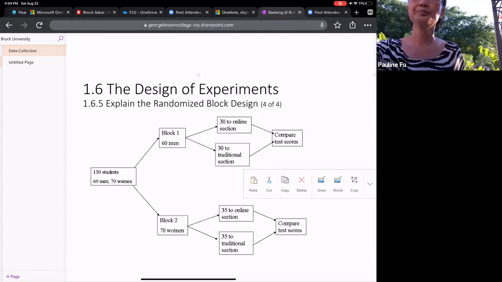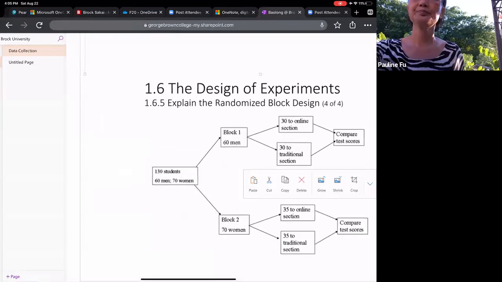And then we compare the final exam or final mark for the 2 groups. Okay. That is the design of experiment.